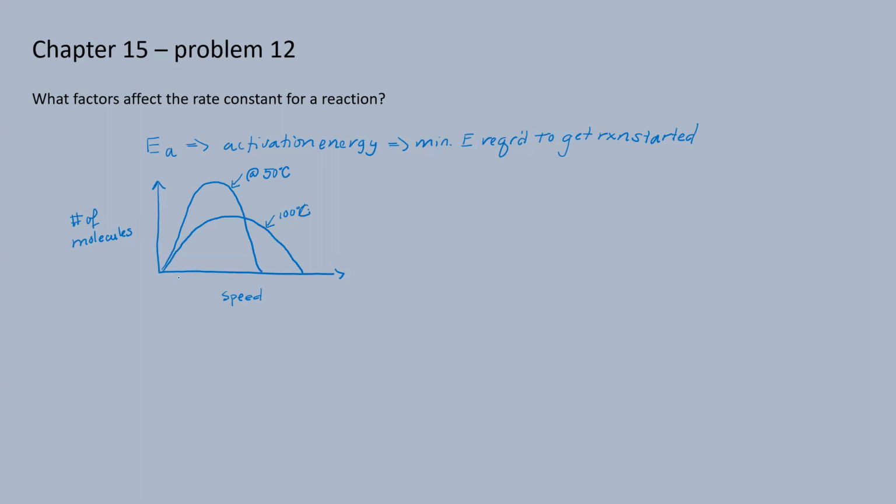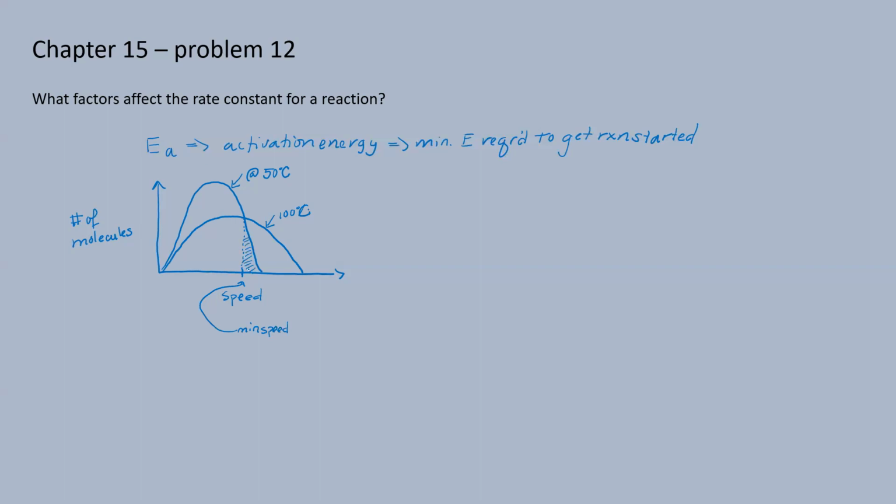Okay, now not all of these speeds are going to work for any particular reaction. So let's arbitrarily pick this speed. So let's say that's the minimum speed that's going to work. So if I take that point and just extend it up, looking at the 50-degree bell curve, you only have this much.